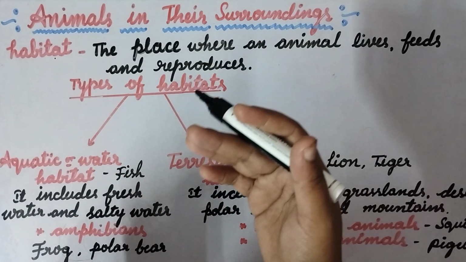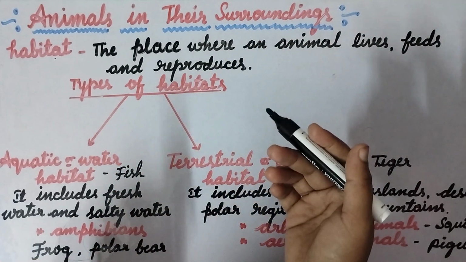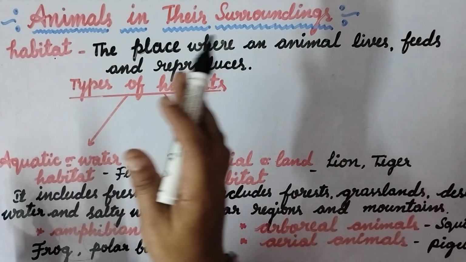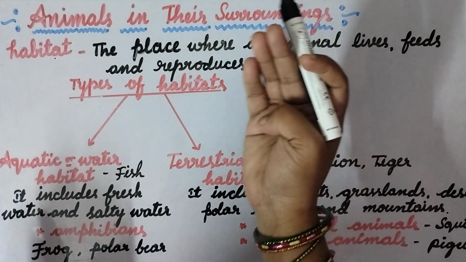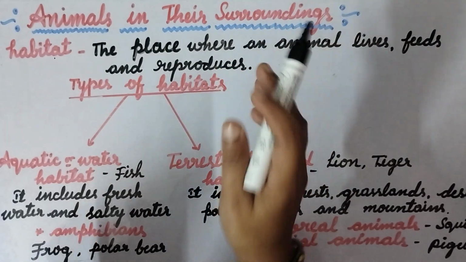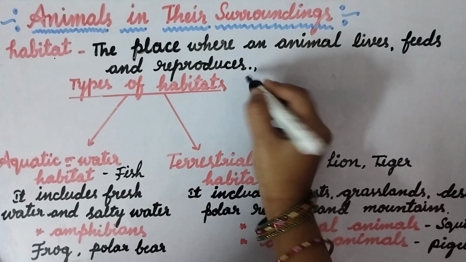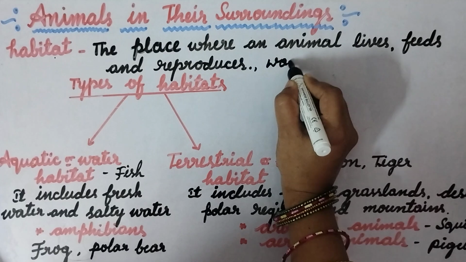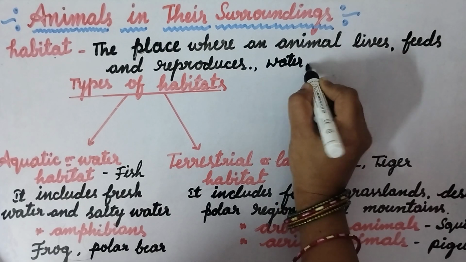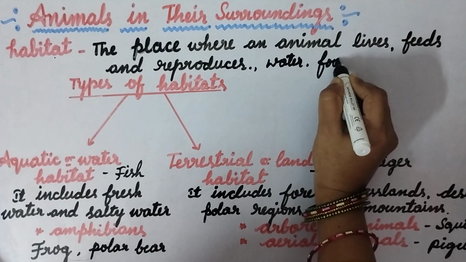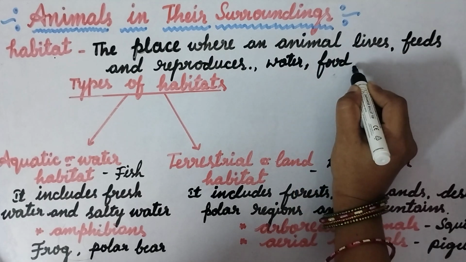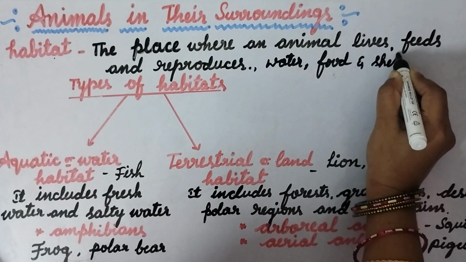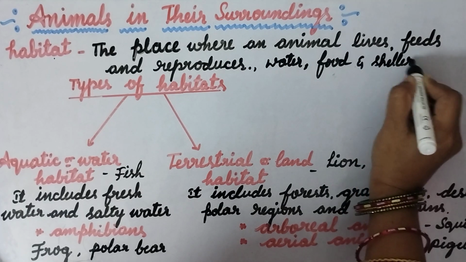Different animals live in different habitats. So what does a habitat mainly provide? It mainly provides food, water and shelter to the animals.